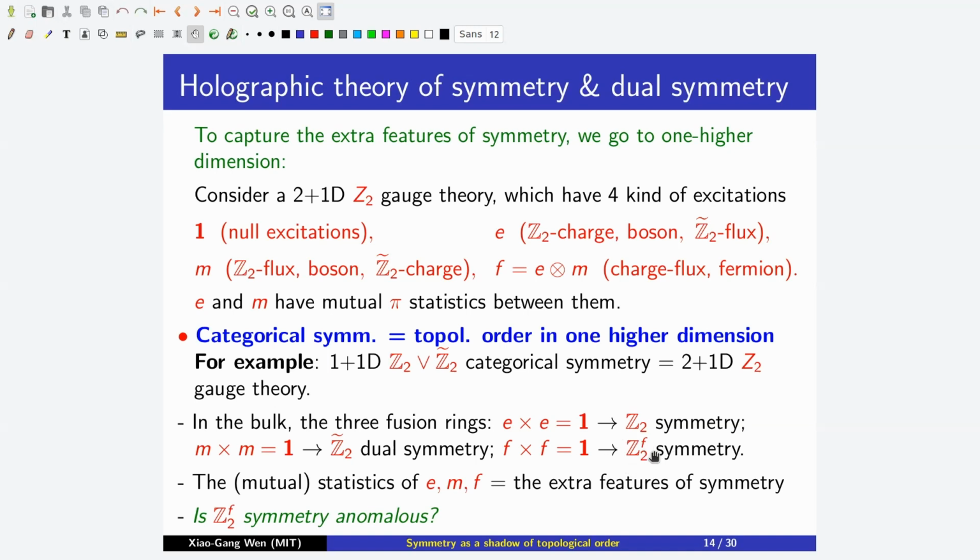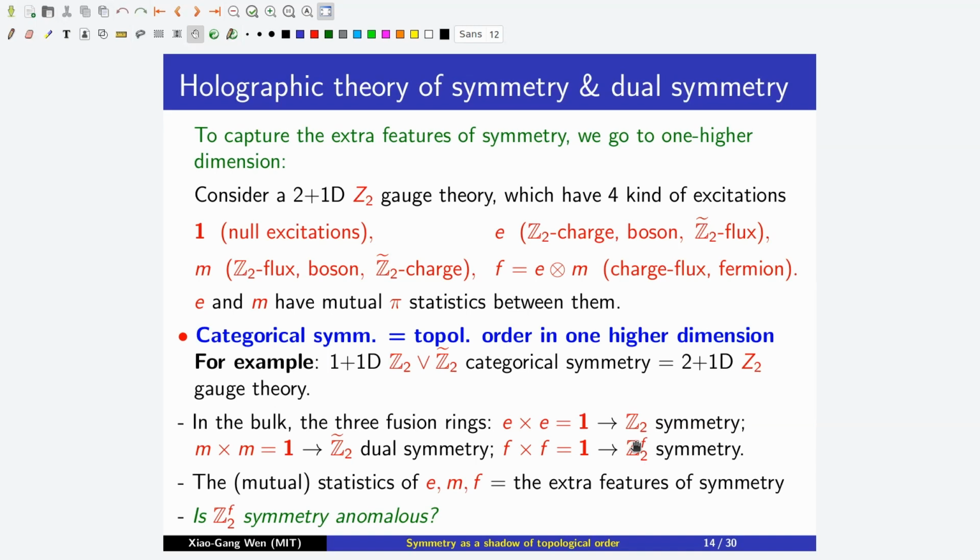Maybe this symmetry also cannot be gauged. So I think here I'm using anomaly in the more narrow sense, meaning the boundary of an SPT. So it's using the boundary of an SPT to define anomaly, and this Z2F symmetry is not anomalous, and not anomaly-free.